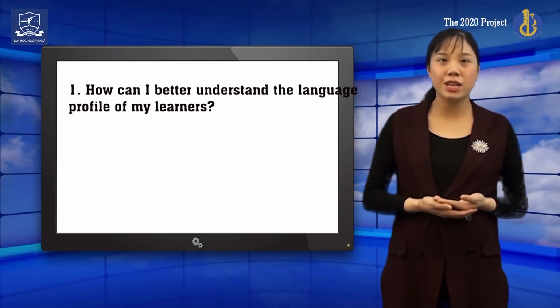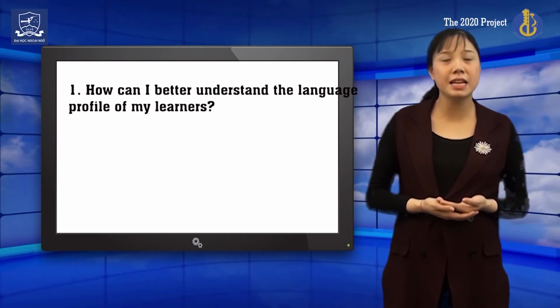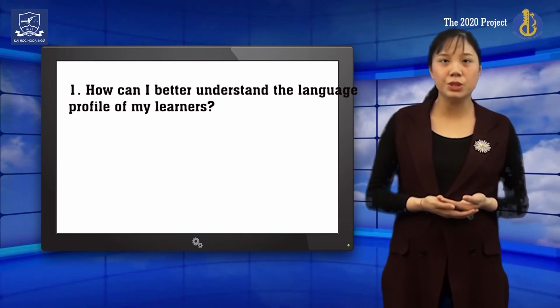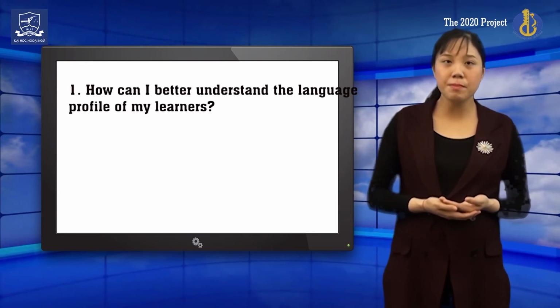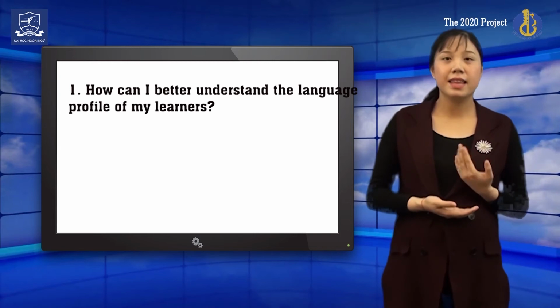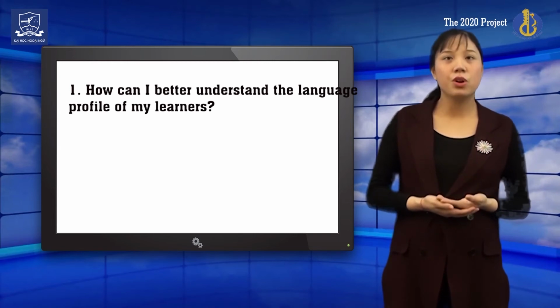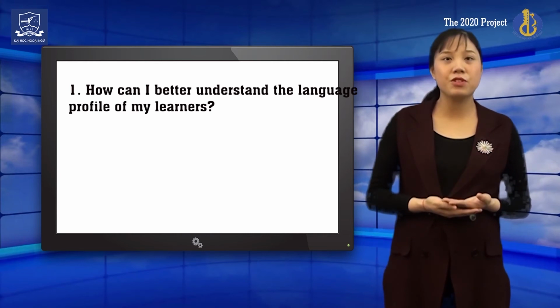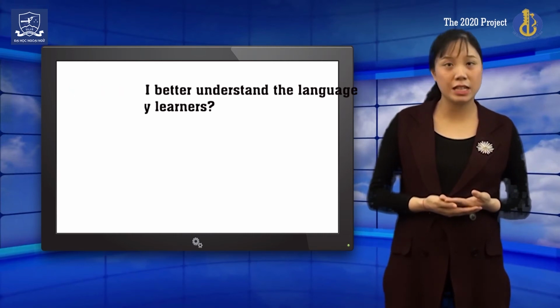This is based on how the curriculum is organized and through which languages teaching and learning take place. However, it is important to understand the linguistic background of your learners and their experience of language outside school. This will help you to offer individual teaching and make the most of your students' existing knowledge.